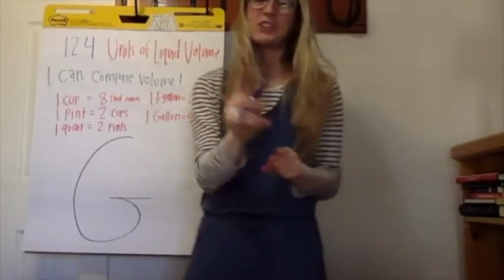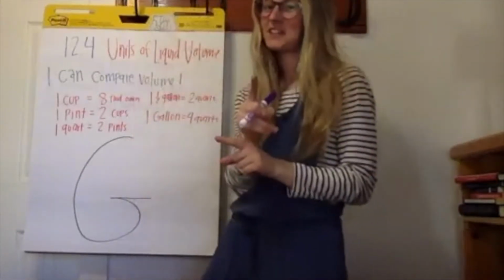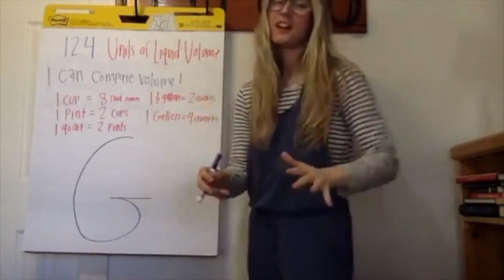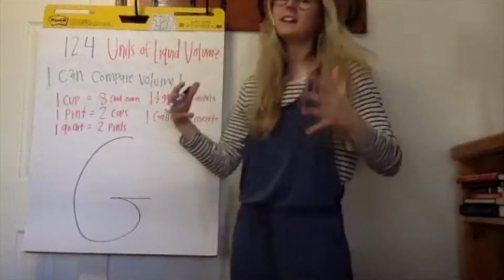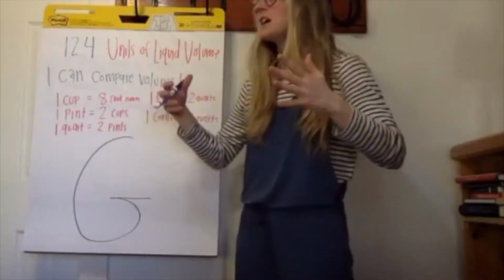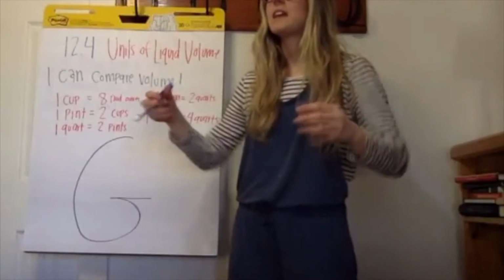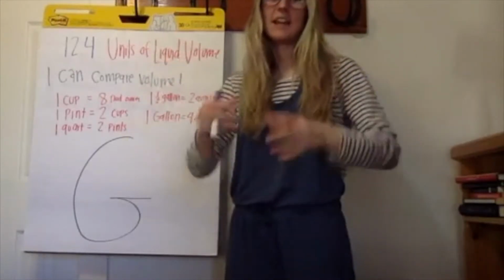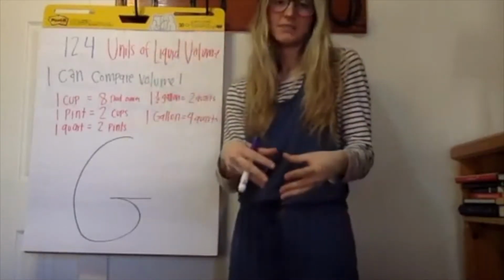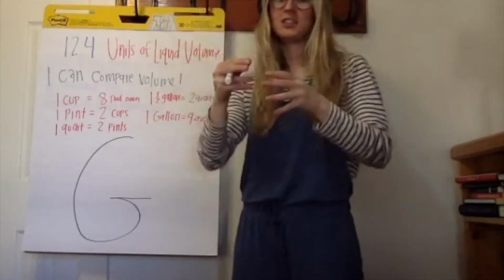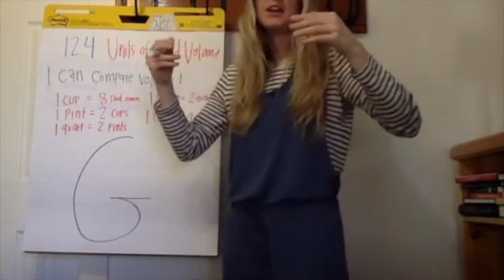So a trick I always use with my 6th graders, and remember, you're only multiplying, but whenever you're going from a big unit, like if we were doing feet to inches. Feet is bigger, inches is smaller. So if you're going from a bigger unit to a smaller unit, feet to inches, you think big to small.